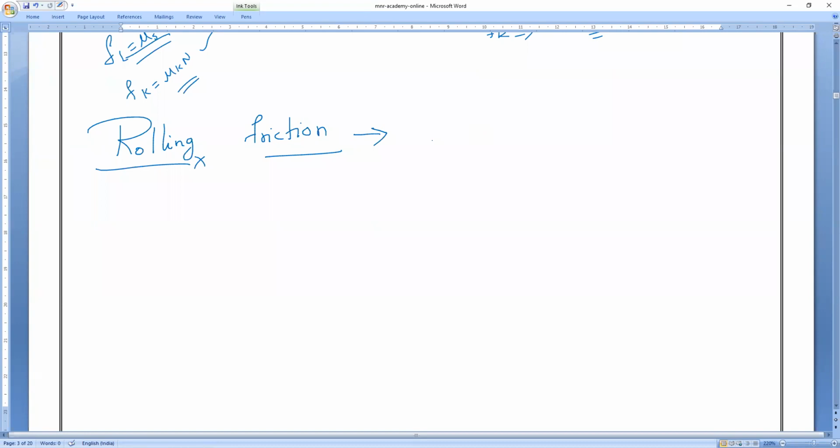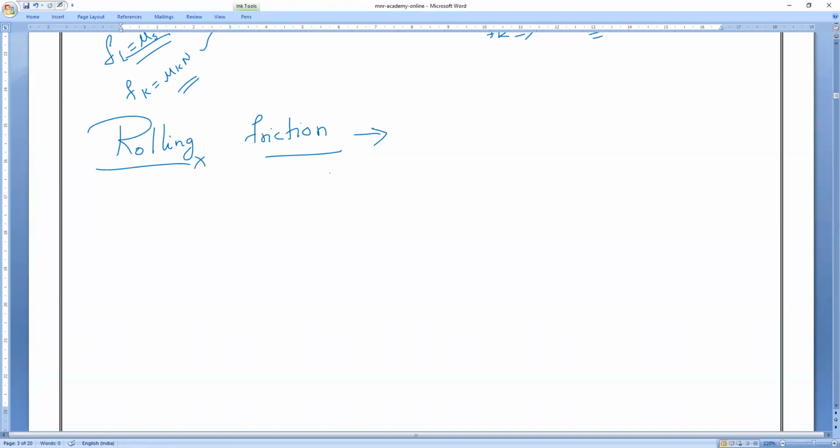If it is less than kinetic friction, then automatically it is less than which friction? Because kinetic friction is less than static friction. So rolling friction is also lesser than static friction. That is what you have to remember.